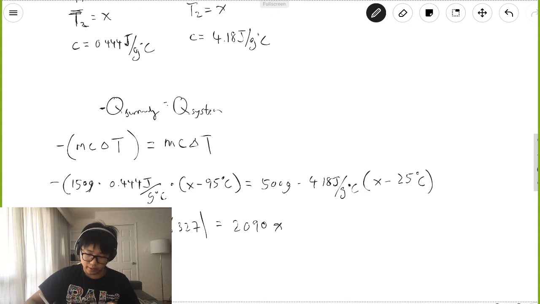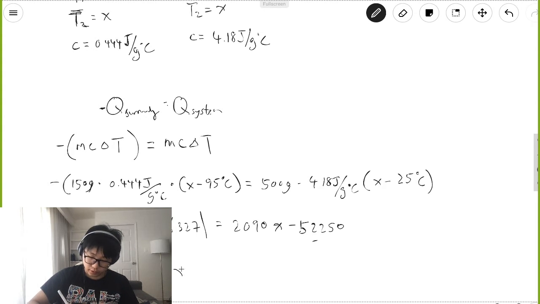So what is X? 27. As I predicted, it's going to be much closer to the water than the iron. What did you say X was again, which is T2? 27.